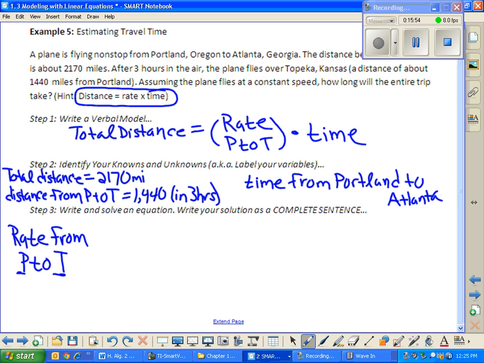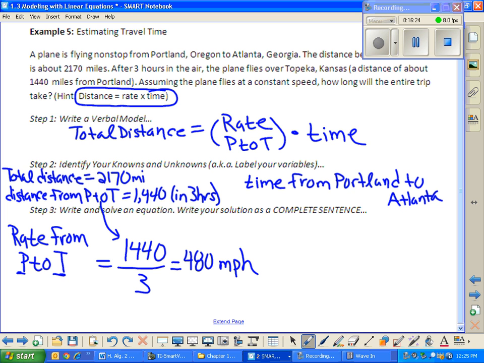So that's really, really helpful. That's going to stay constant in the problem. To establish rate, basically I have to do miles per hour. And it says I travel 1,440 miles in 3 hours. So that's this value right there. Which means this plane is traveling relatively quickly. This plane is actually traveling at a rate of about 480 miles per hour when you calculate that out.